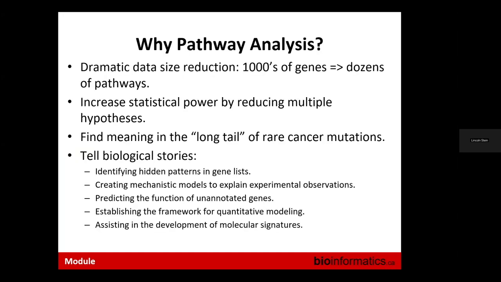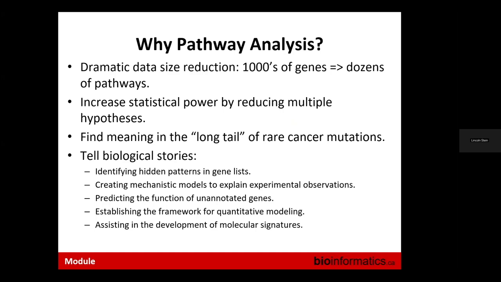So the main reason people want to do pathway analysis, as I'm sure you know at this point, is the dramatic data reduction in the size of the data set. Instead of trying to find patterns in thousands of genes, you have a small number of pathways, maybe numbering in the dozens.